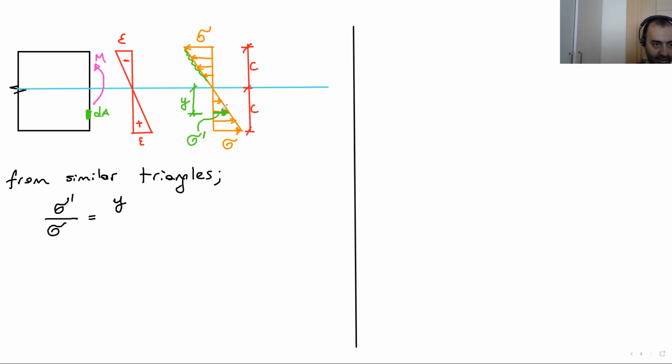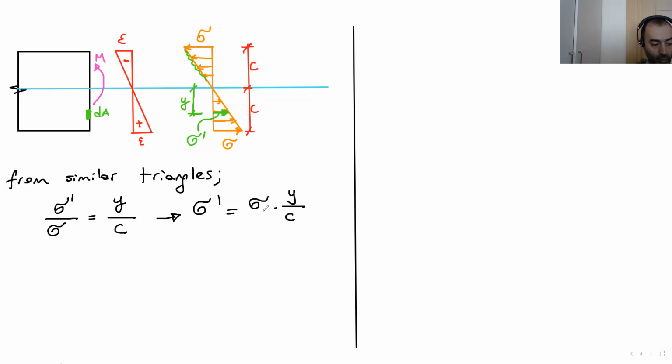Y is the distance of the sigma prime to the neutral axis, and c is the distance of the maximum stress to the neutral axis, as you can see on the sketch. So we can calculate the sigma prime easily: sigma times y over c.